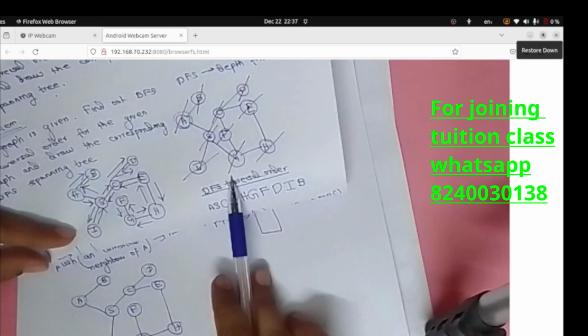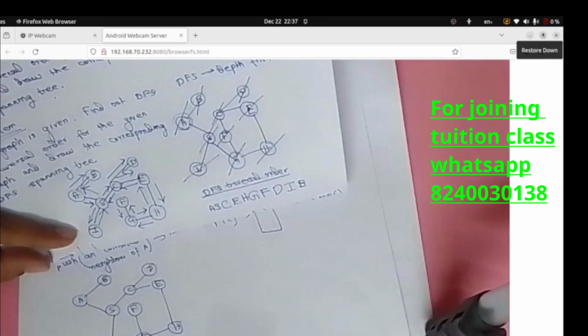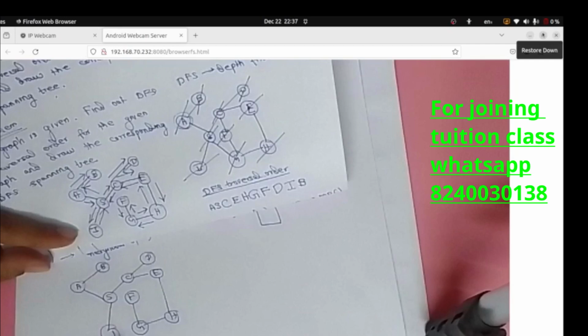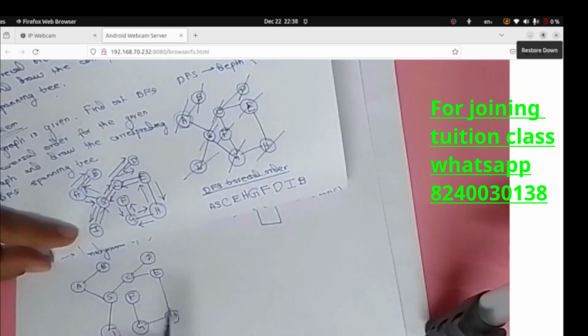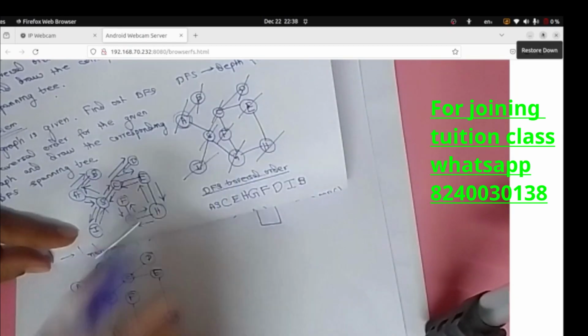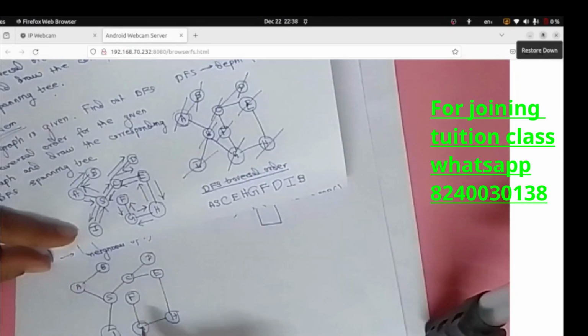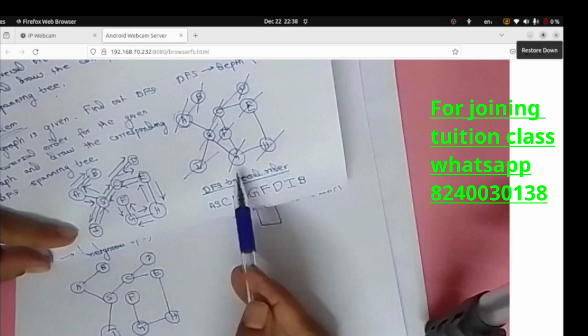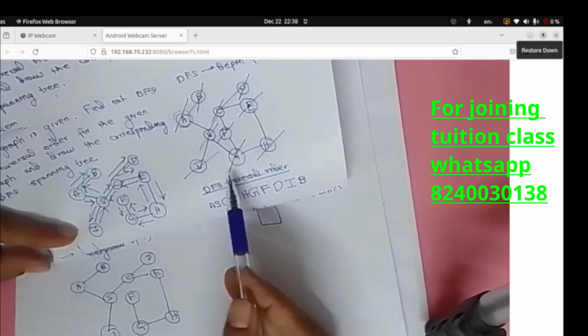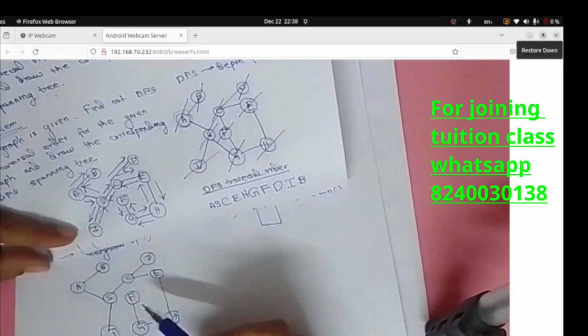Now you can see the difference between this graph and this depth first spanning tree. In this tree there is no loop, but in the graph there is a loop. While we are drawing this tree, we include all the vertices of the given graph, but the edges are minimal without any loop.